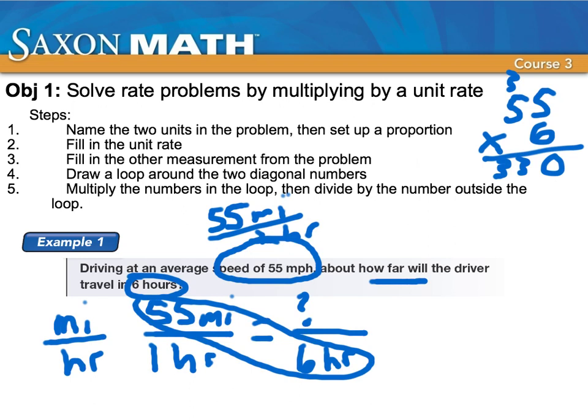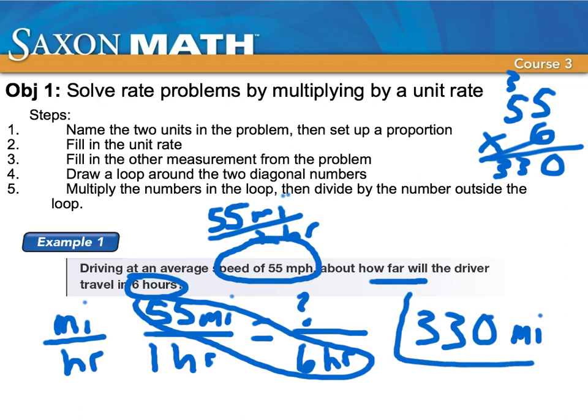So 330 divided by 1 gives me 330. Then I need my label. My label needs to answer the question, how far? If I asked how far, I wouldn't say 6 hours. So I got to label it in miles. So it's 330 miles is how far we drove. Let's go on to another example.